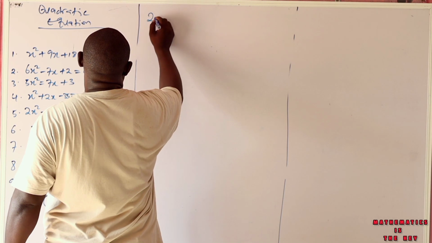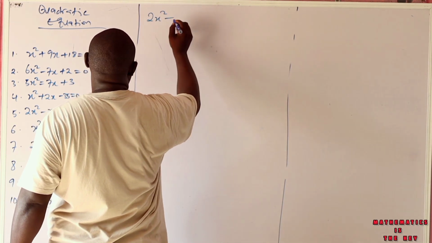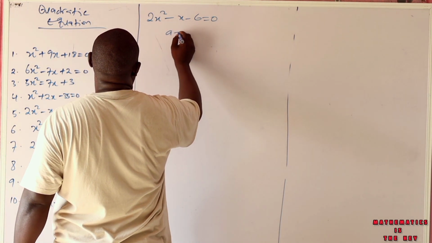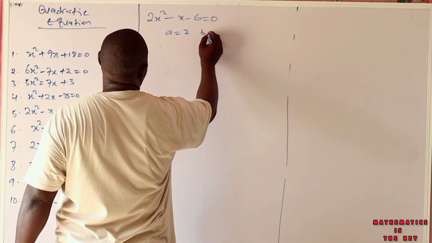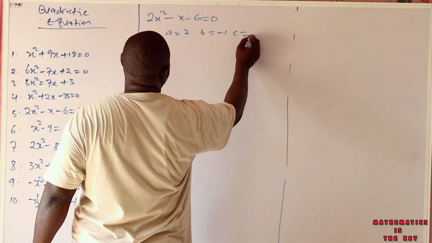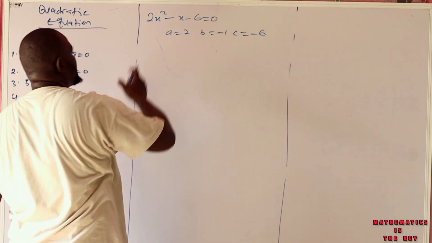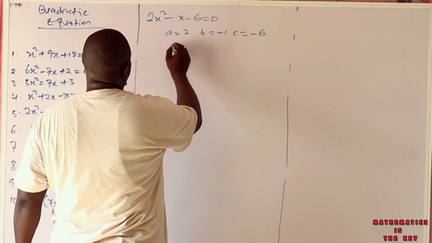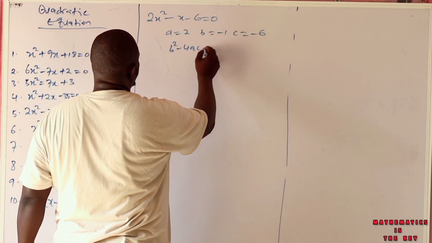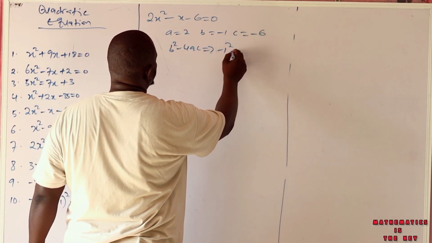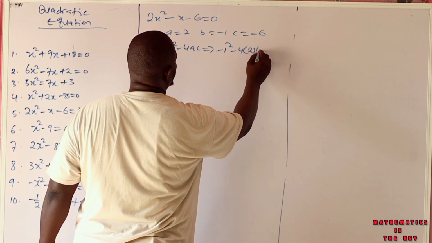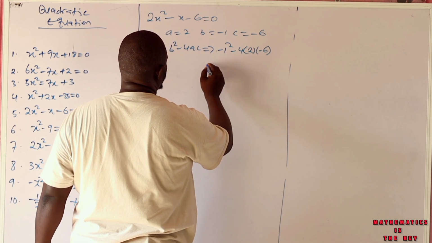We have another example: 2x squared minus x minus 6 is equal to 0. We have a is equal to 2, b is equal to minus 1, and c is equal to minus 6 when we compare this equation with the general form. Then b squared minus 4ac implies minus 1 squared minus 4 into bracket 2 into bracket minus 6.